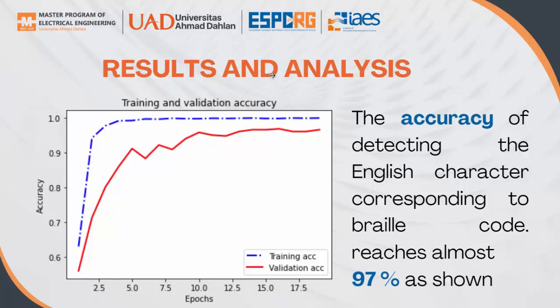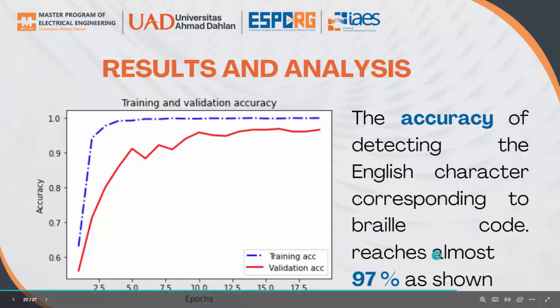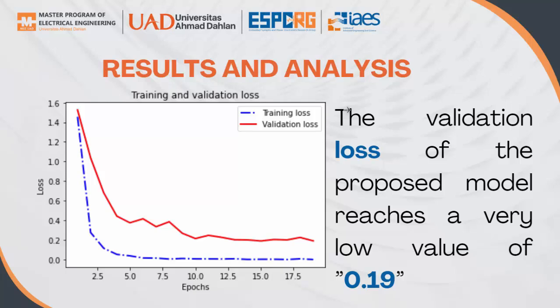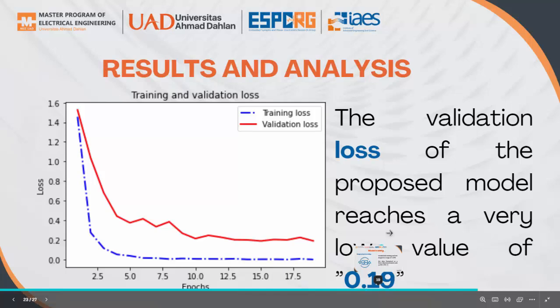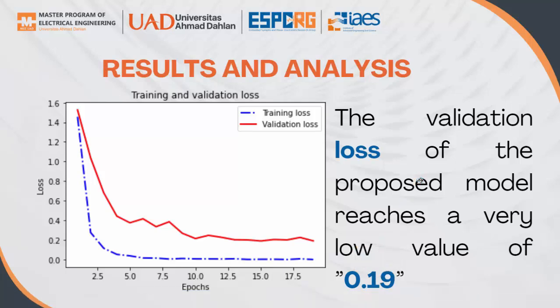Results and analysis. The accuracy of detecting the English character corresponding to the Braille code reached almost 97%, as shown. Also, the loss is almost 0.19. These results make us completely confident this model can work.